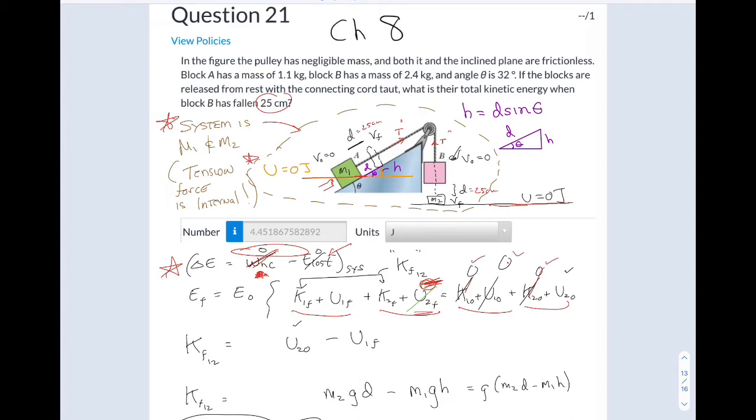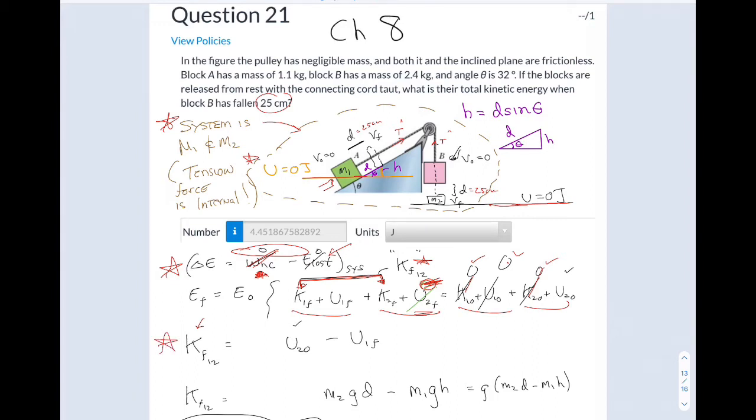Okay, and then what I have left is I'm trying to find the final kinetic energy. So I called K1 final plus K2 final, instead of writing two terms, K final 1,2. So this is the final kinetic energy of 1 plus the final kinetic energy of 2.